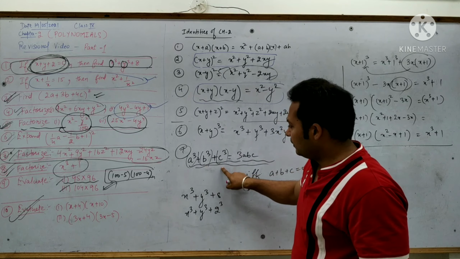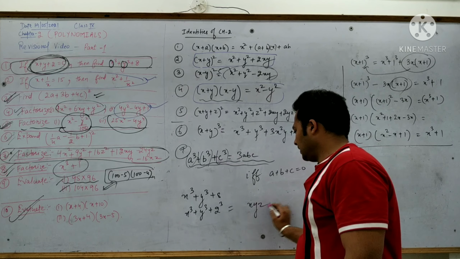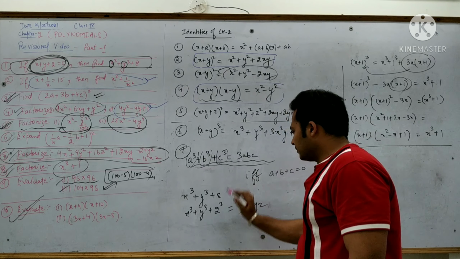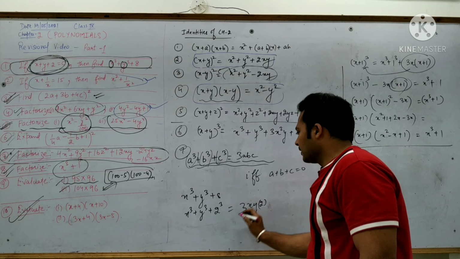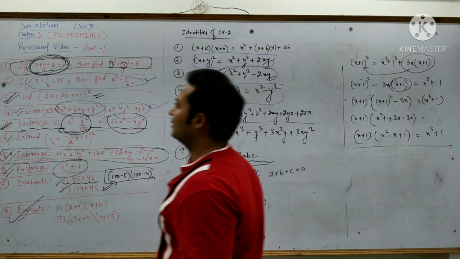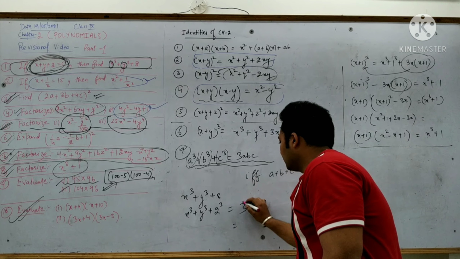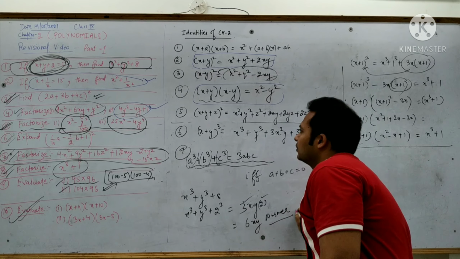Now the sum of cube of these numbers will be equals to product of these numbers into 3, only and only when it is given that the sum of these numbers is 0. So it will be equals to 3 into 2, 6xy as our answer.